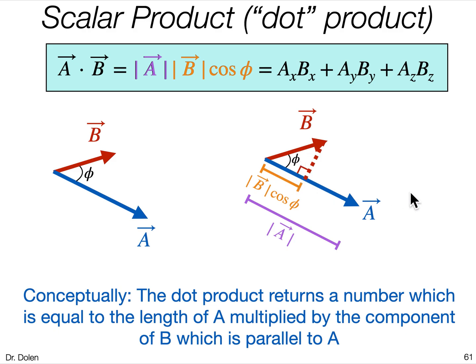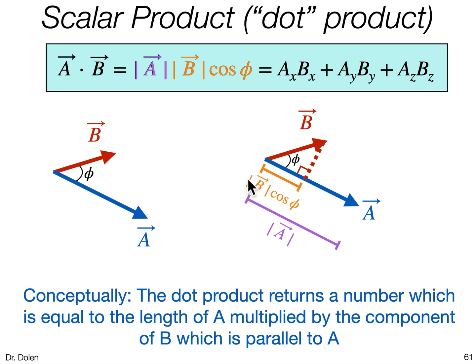And if I look at these two vectors drawn tail to tail, and I do what's called projecting B onto A, that is, looking at my vector B and then dropping down a line from B to A such that that line is perpendicular to A, this is a 90-degree angle here. You can kind of imagine that a flashlight is up here and you're shining a flashlight down, and this is the length of the shadow cast by that flashlight. So I have this triangle, and I have a component of that triangle which is adjacent to this angle, and that adjacent side of the triangle I can always figure out using a cosine.